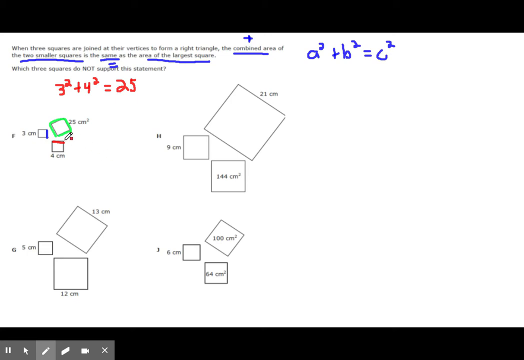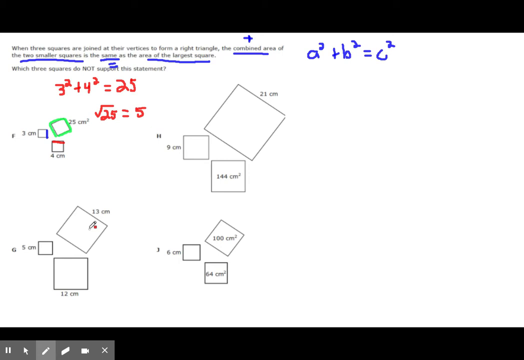Another way would be to find what this one side is equal to. Well, if the whole area is 25 centimeters squared, to find one side, I can take the square root of 25. I can put that in my calculator and get 5.